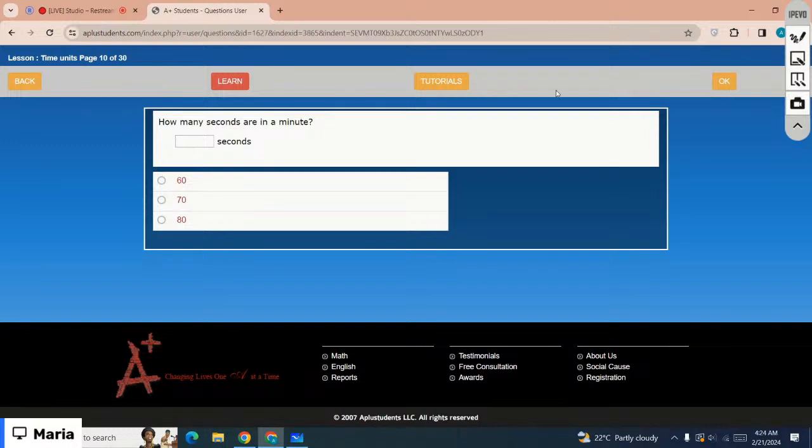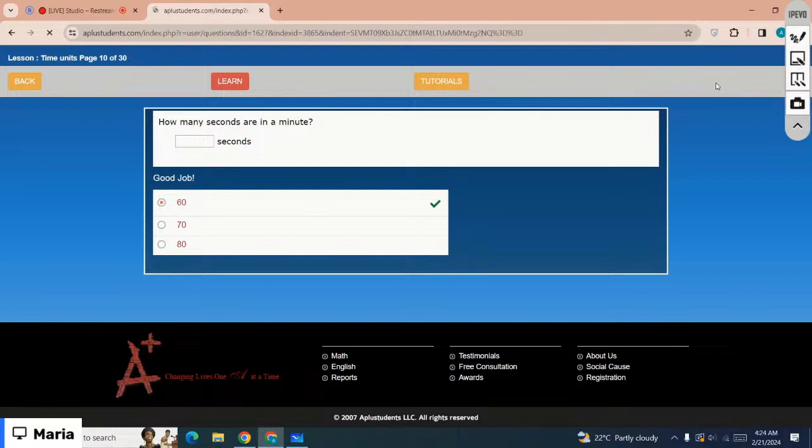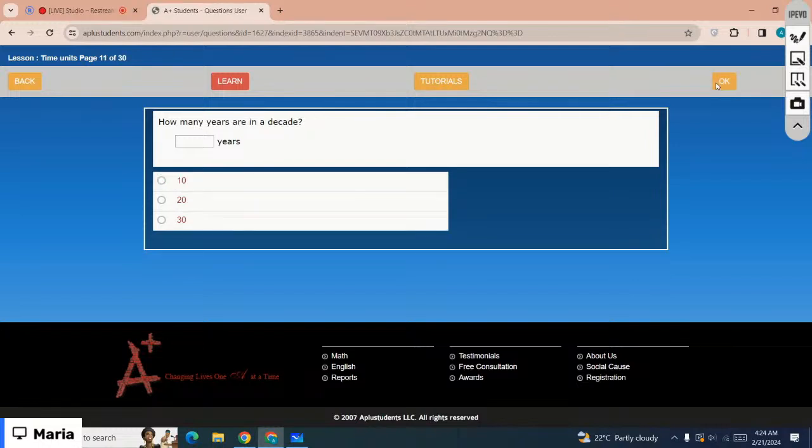The correct option is 60. The next one is how many years in a decade? So, which is the correct option? Yes, in 1 decade you have just 10 years. The correct option is 10.